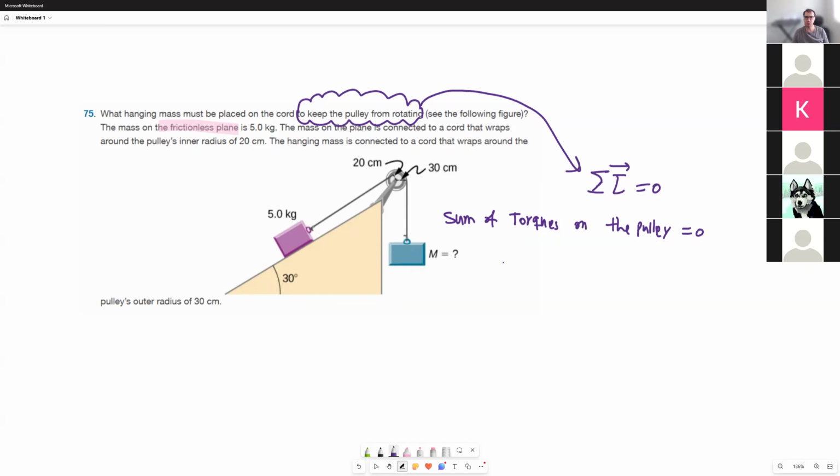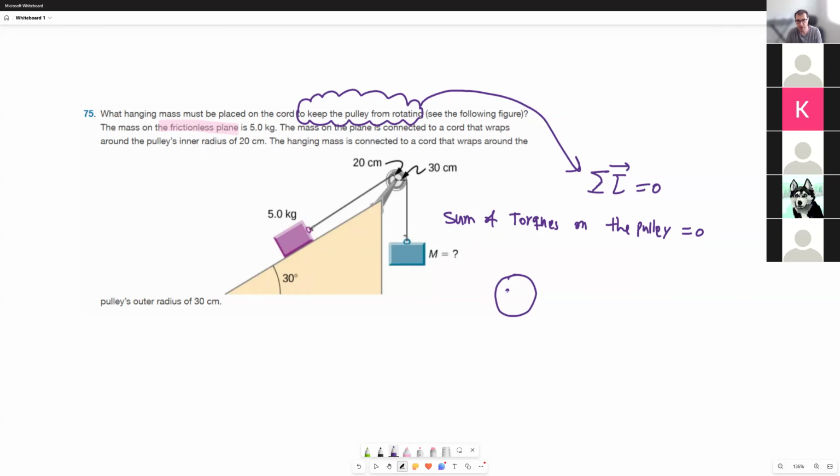What is connected to the pulley? What forces are acting on the pulley? Exactly, there are tensions. How many tensions? Two tensions, that's right.